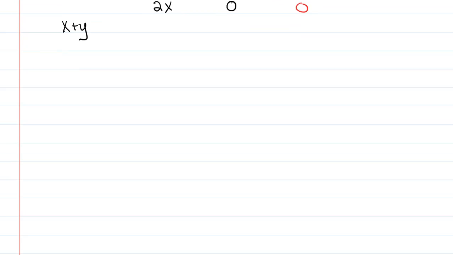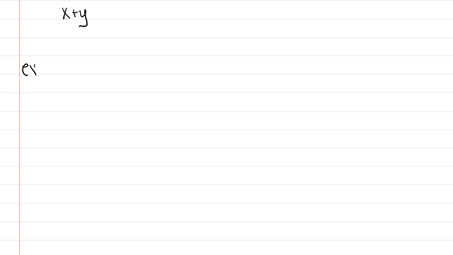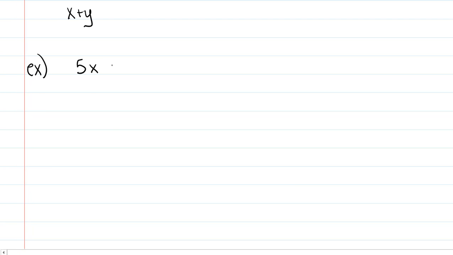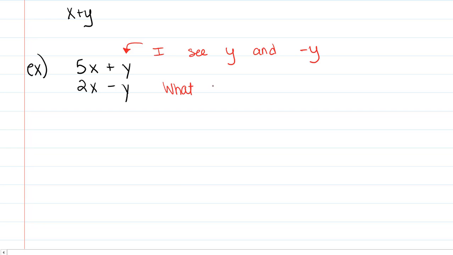Let's take a look at one more example. But this time we're going to add a few variables. So 5x plus y and 2x minus y. So here in this column, I see positive y and negative y. What operation can I use on those to get to 0?